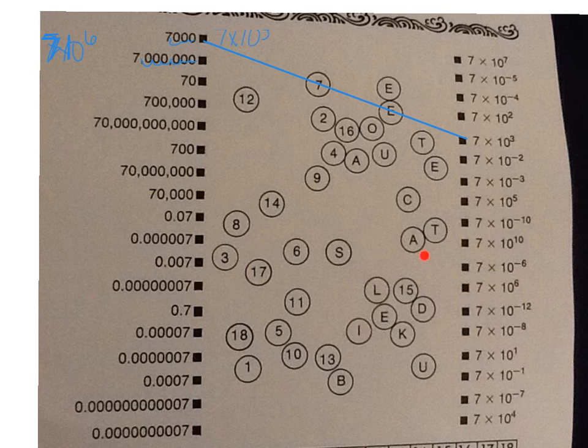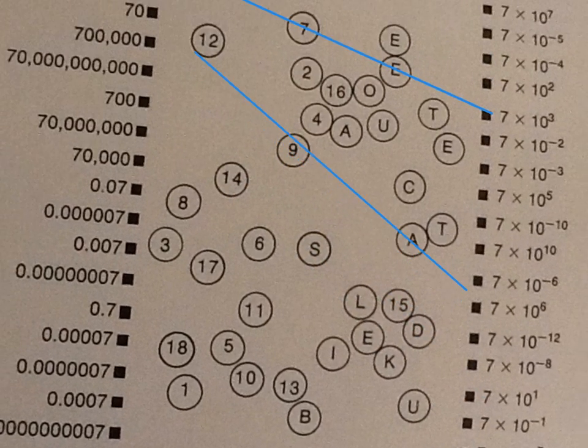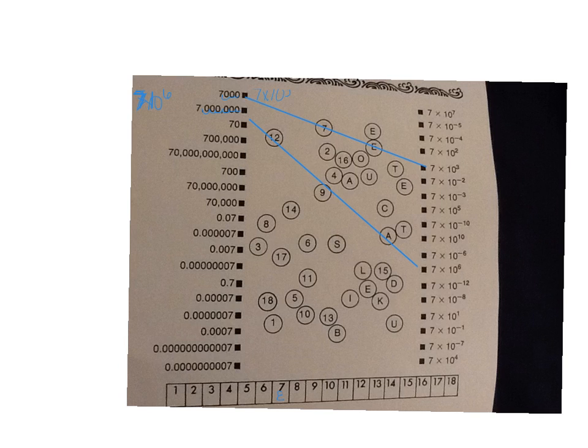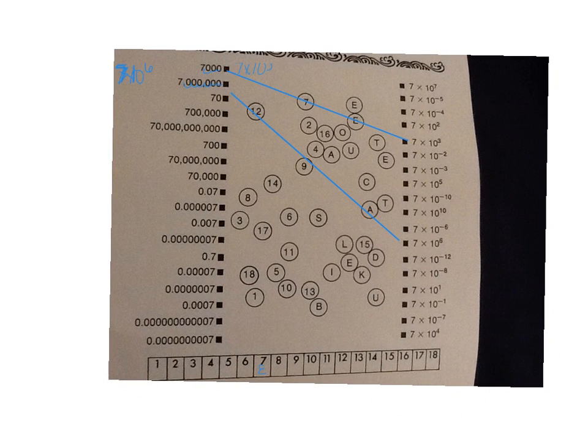So I've got to connect the line from here to here. And you can see that the line goes through 12 and A. So down at the bottom of the page, in the 12 box, we can put the letter A.